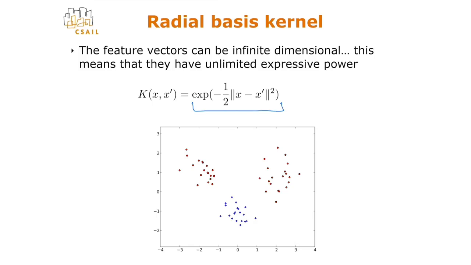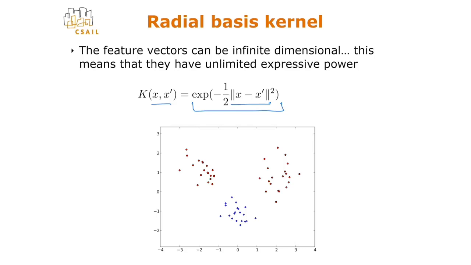So you could not possibly operate in terms of those feature vectors explicitly. Yet you can evaluate their inner product compactly, by taking the squared Euclidean distance between the corresponding training samples, negating and multiplying by half, and taking the exponent of that. Very simple to evaluate for any two examples, x and x prime.